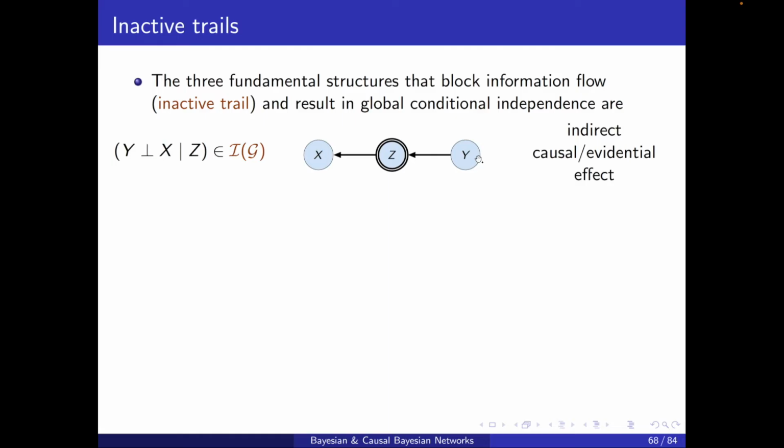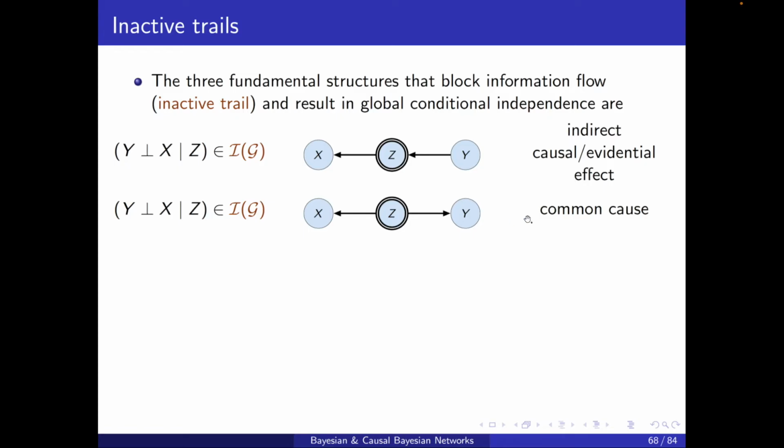Why assume that these links are causal? They don't mean that. We saw that they have nothing to do with causality. They're just representing a way of factorization. But if you think of them in that way, sometimes the two meanings can overlap. Then you see y is indirectly causing x via z, and once you know z, then it doesn't matter anymore. So that should give you the intuition.